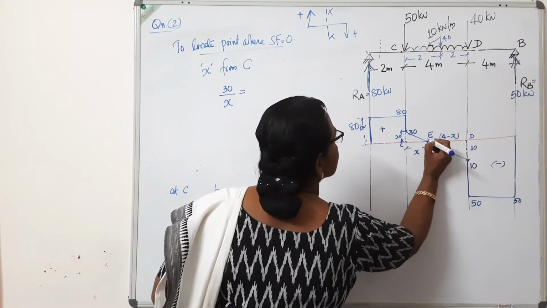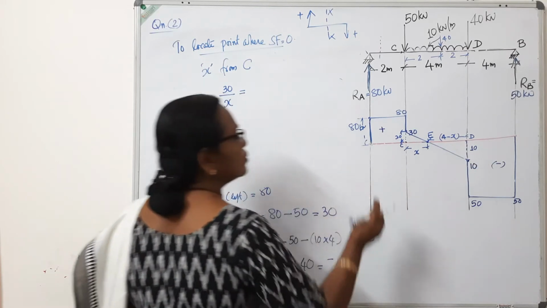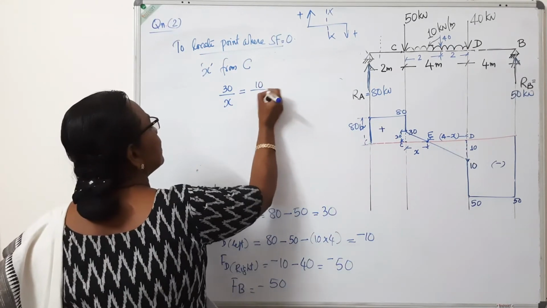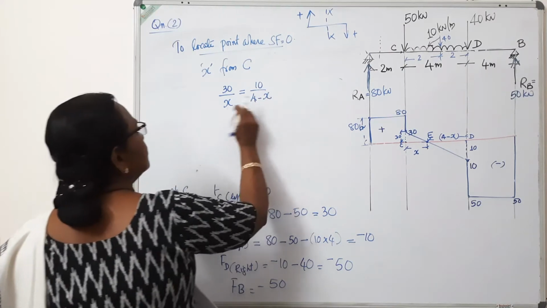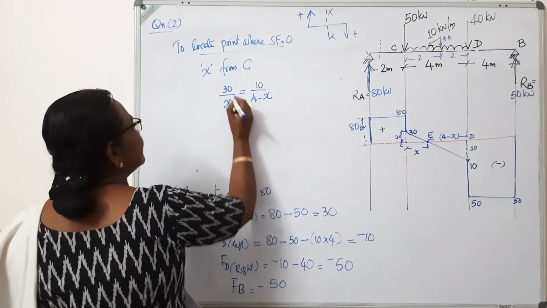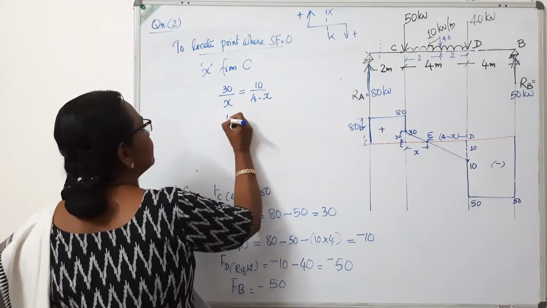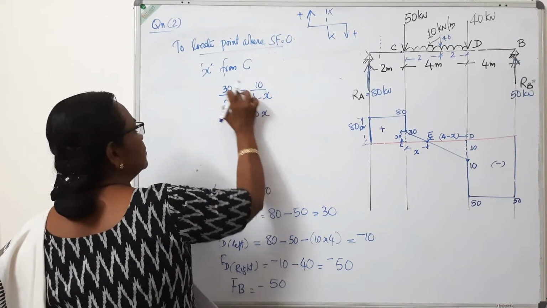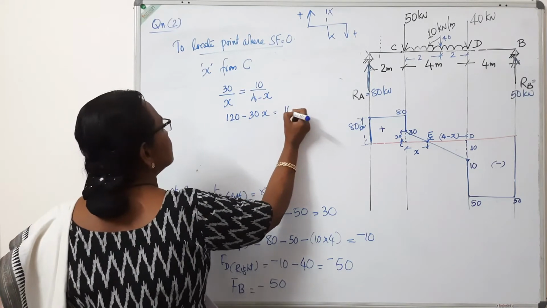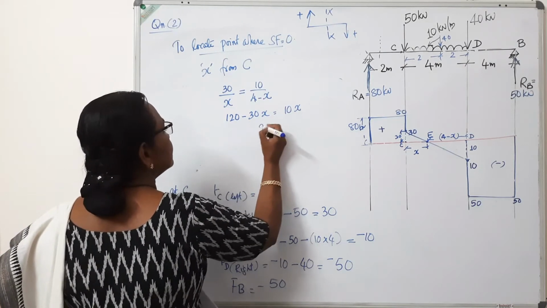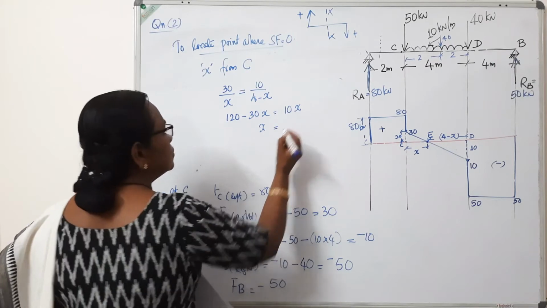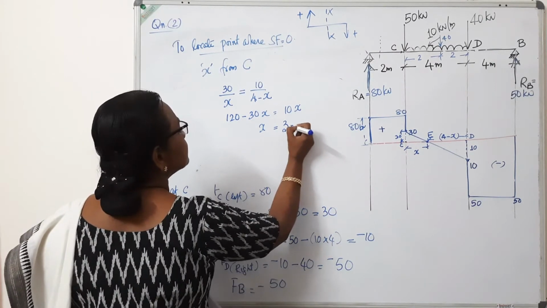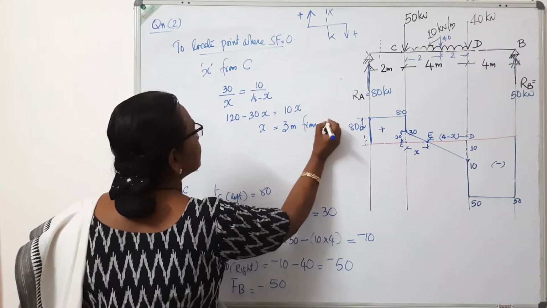Isn't it? This is totally 4. So this is 4 minus x. So cross multiply. 30 into 4, 120 minus 30x is equal to 10x. From that we will get x is equal to 3 meter. x is equal to 3 meter from C.